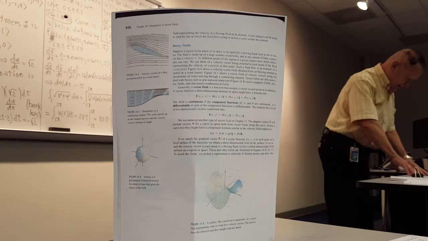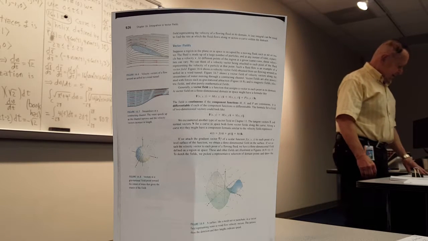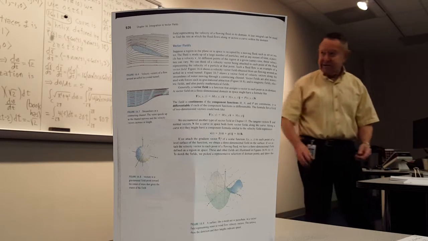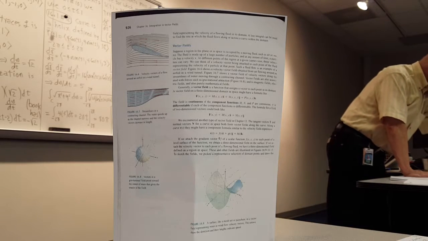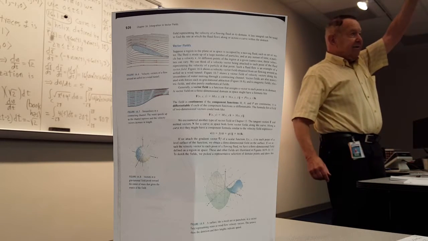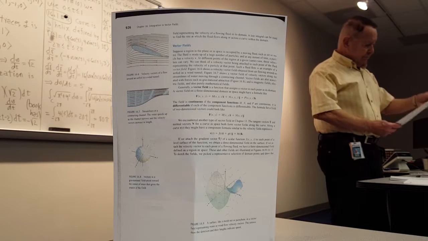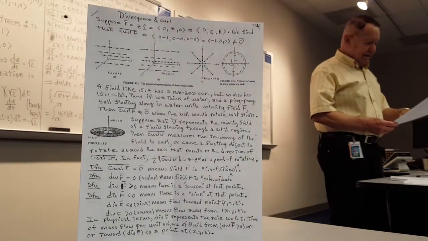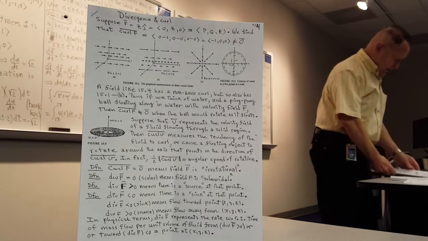And then they're talking there about the gradient, which we studied in chapter 14, and then these other fields are what we're going on with. Look where your set of notes that has my handwriting. And you see I'm talking on the first page here about divergence and curl, which is what's on the board.